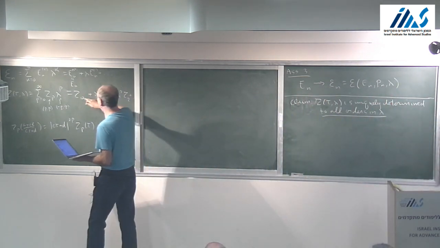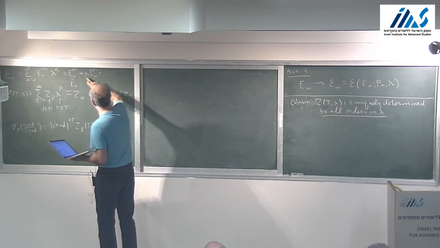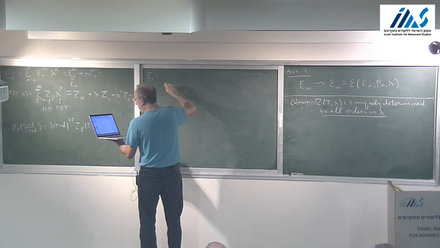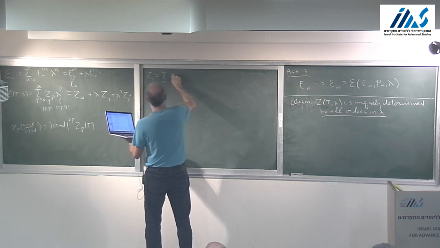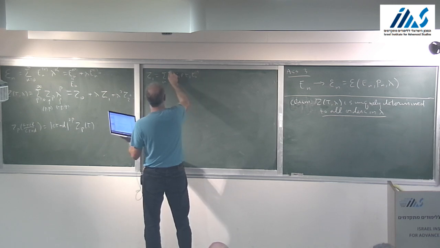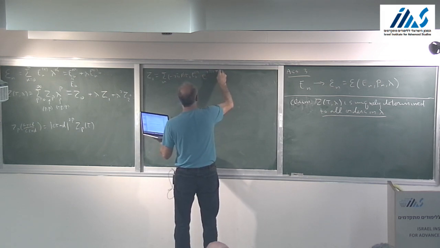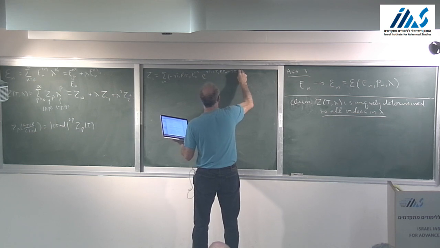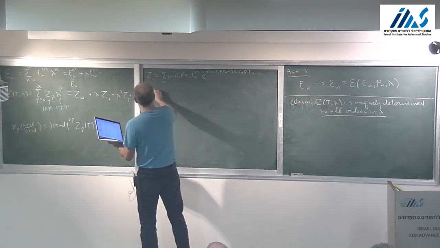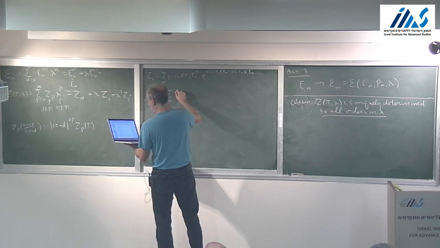If you want Z1, I erased the formula, but you only need to expand the energies to first order and then bring down from the exponential. So Z1 is equal to the sum over all states of minus 2 pi r tau 2 E_n^1 times this exponential factor, where these are the CFT energies.